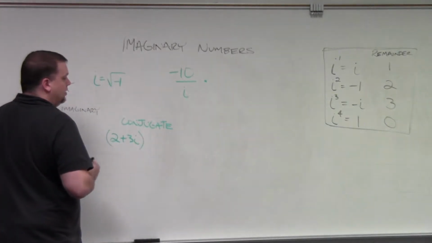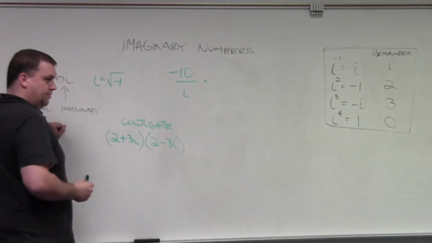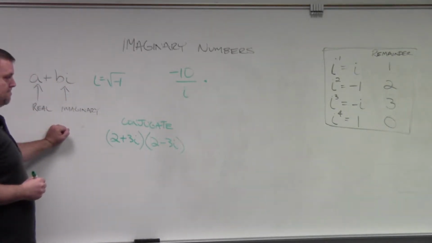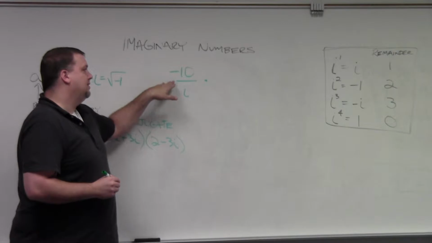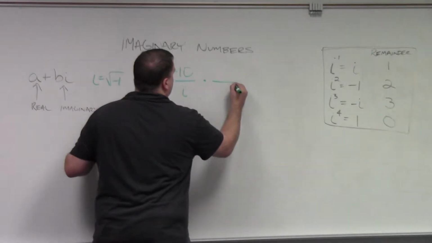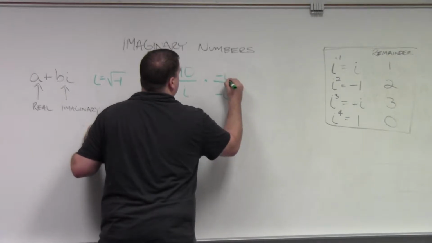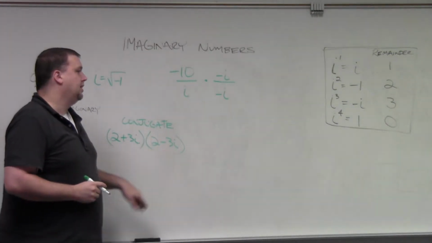The conjugate is the same thing, but with the sign changed in the middle. We're going to use that when we do division. Here we just have a single term, so the conjugate of a positive i is just going to be a negative i. All we're doing is changing the sign on the i.